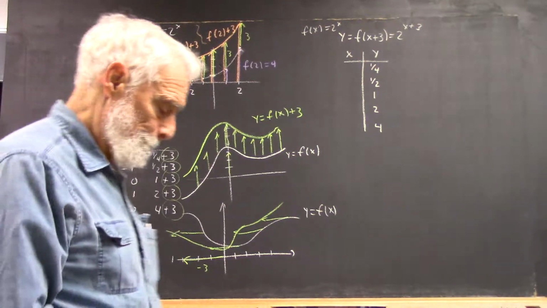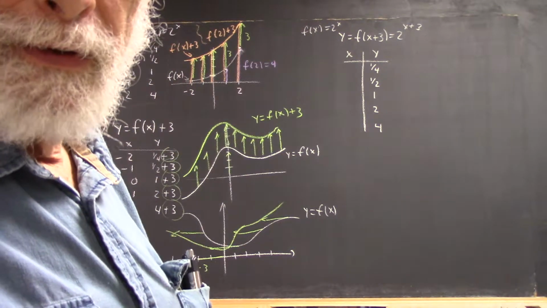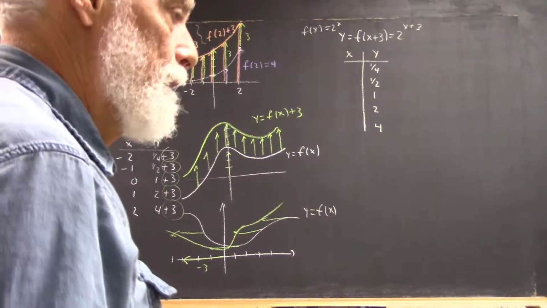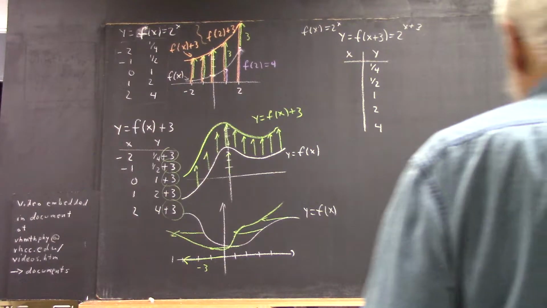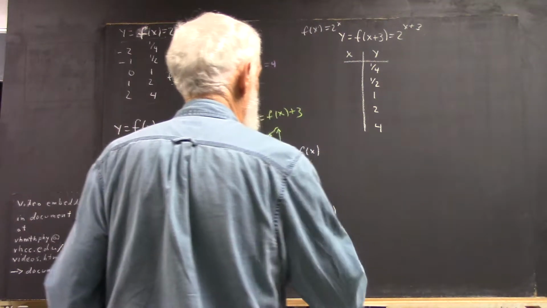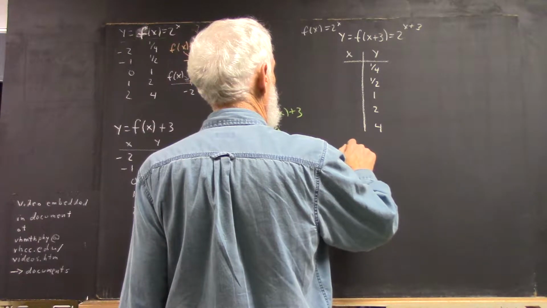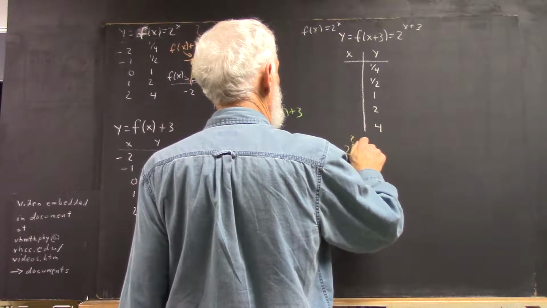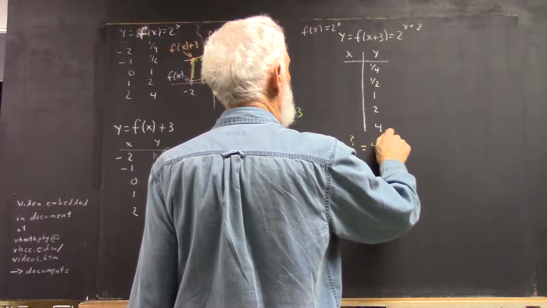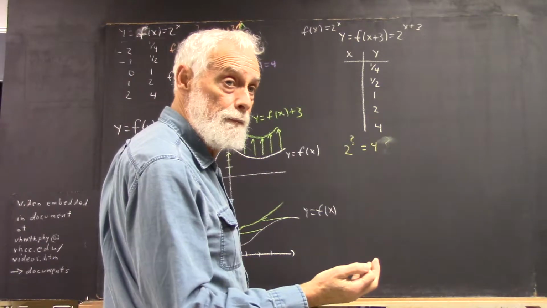I'll try to write out the logic of this, and I need a different color here. Okay, so two to what value equals 4? 2 to the second.